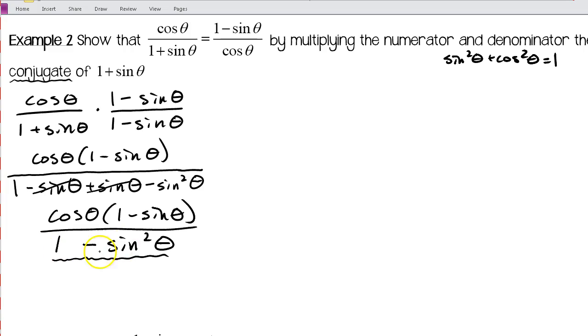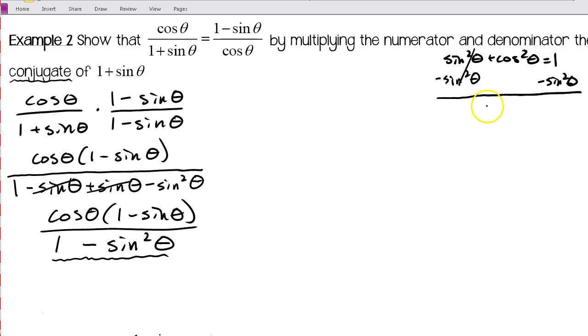So in my problem, I have 1 minus sine squared theta, and I want to figure out something that equals it. So this is perfectly legal to do with your identities. If I subtract sine squared theta from both sides, I'll still have an equality because I'm doing the same thing to both sides.